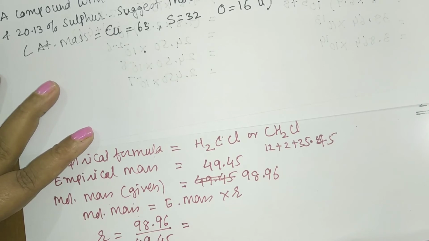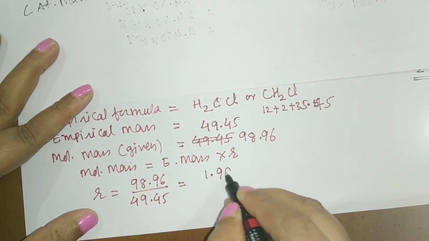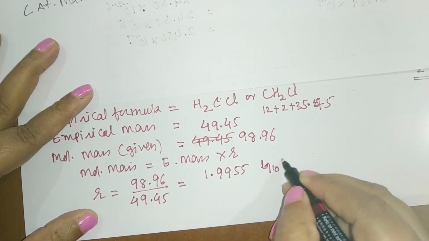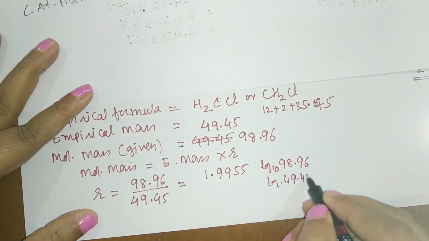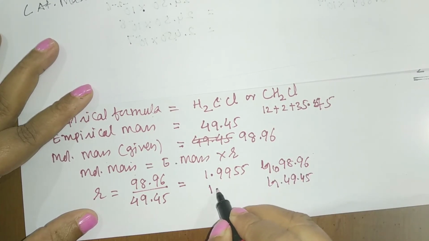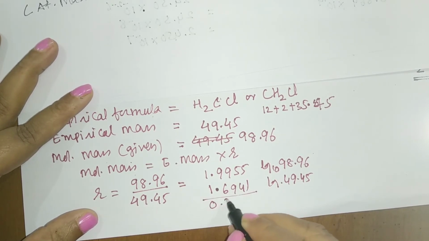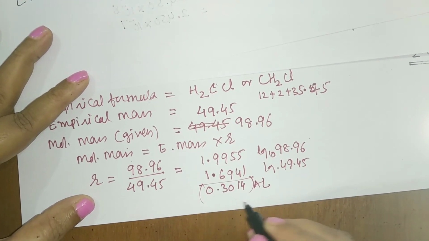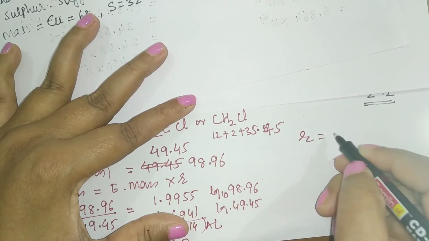So what will be this? Log of this minus log of this. Let us go by log only. 1.9955 is the log for this, and the log of 49.45 is 1.6941. The difference comes out to be 0.3014, and this comes out to be nearly 2. Means what, students? R is equal to 2.